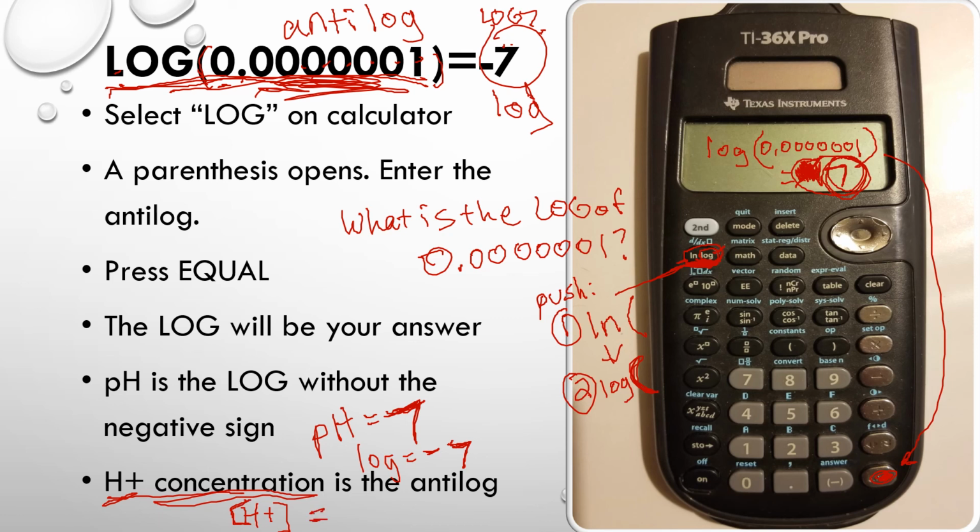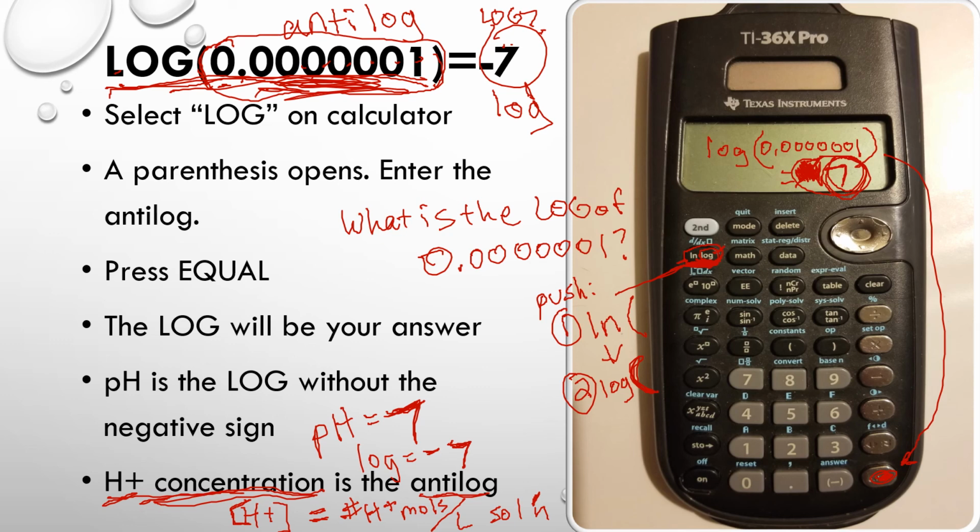The hydrogen concentration is just the number of hydrogen moles per liter of solution. So this hydrogen concentration is the anti-log. The anti-log is that long 0.00000001 number.